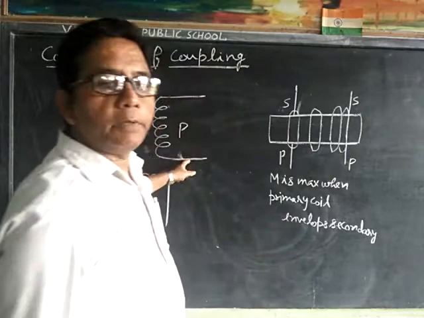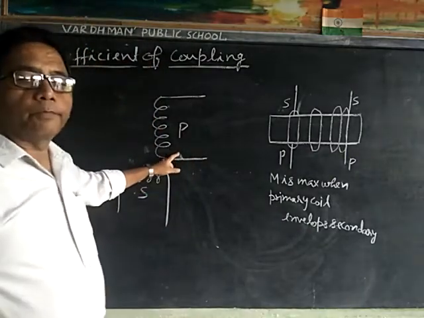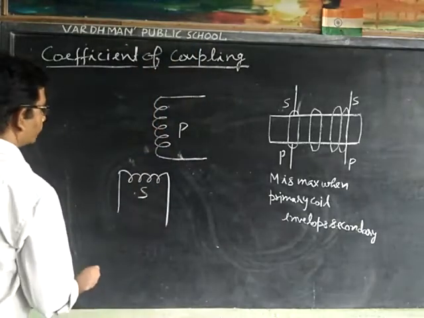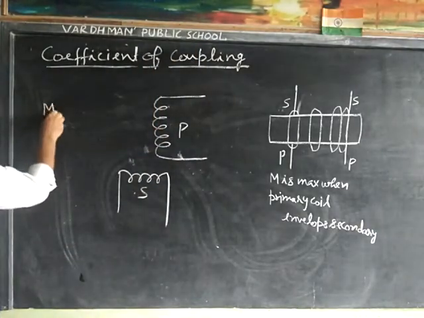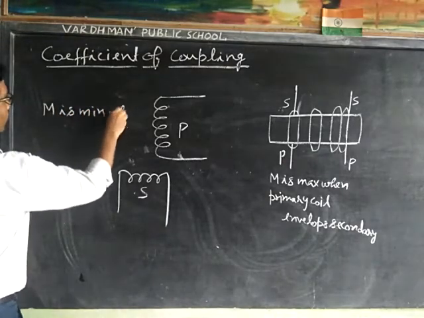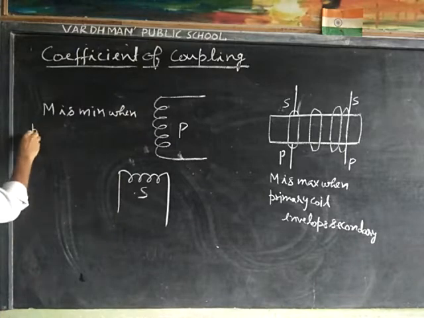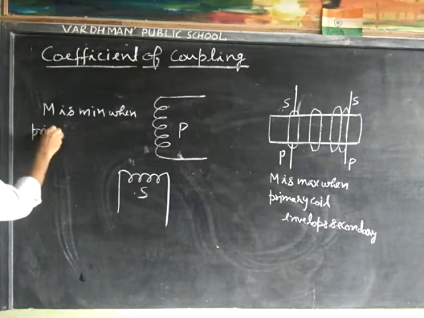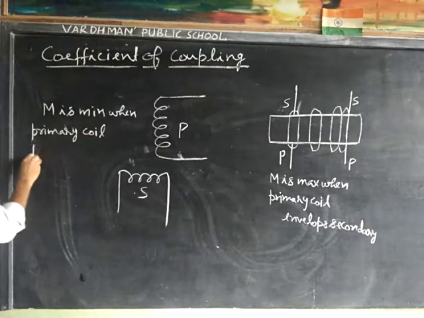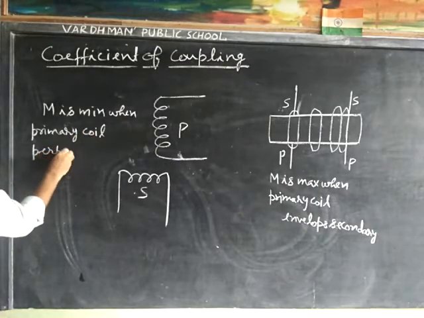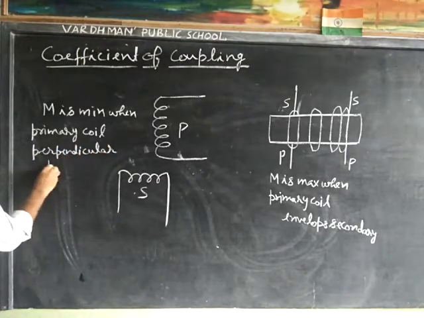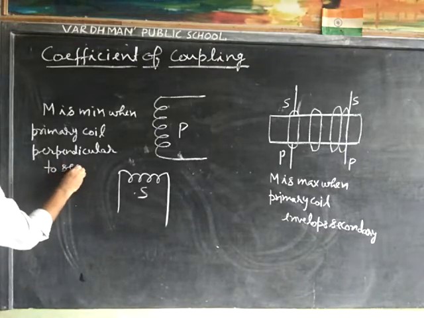M is minimum when the primary coil is perpendicular to the secondary.